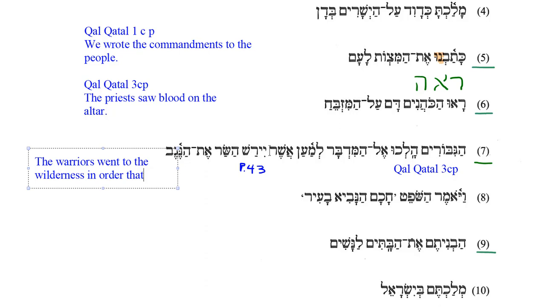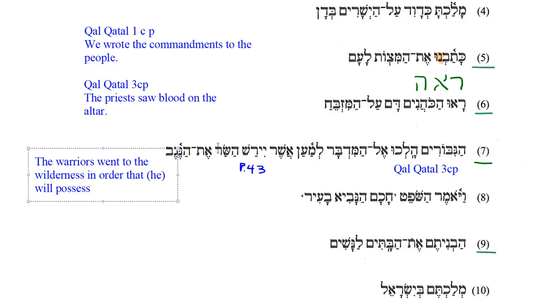That is a Yiqtol verb, not a qatal. So we'll just have to look that up on page 43. That turns out to mean he will possess, possibly inherit. And that means that we have a third masculine singular here. That's what that he is telling us.